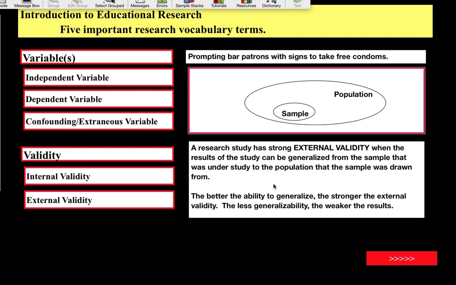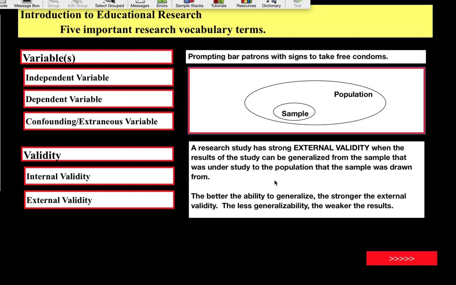So a research study that has strong external validity means that the results of the study can be generalized from the sample that the study was conducted on to the population that the sample was drawn from. The better the ability to generalize, the stronger the external validity.